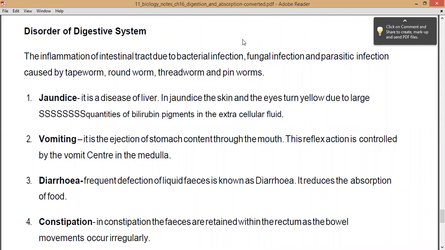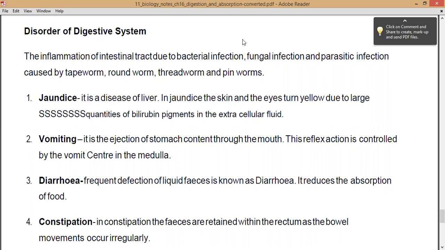Mostly these worms causing the inflammation of the intestinal tract come under parasitic infection. Several different bacteria and several fungi are also responsible for causing disorders related to your digestive system.